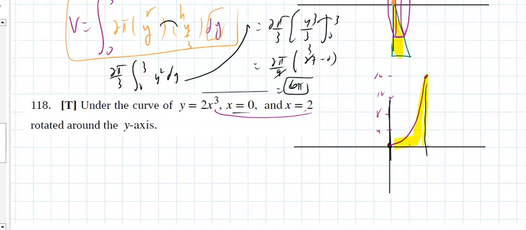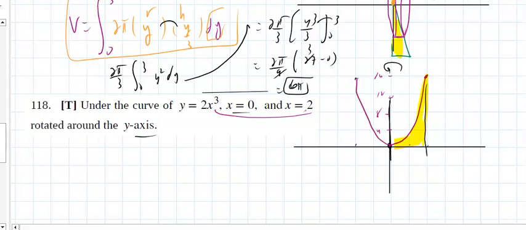Most of the time that's the case. That's the region that they're talking about. Now we're going to rotate this about the y-axis. If we rotate it about the y-axis, we're going to create an identical copy like it right there. And it's going to occupy that much as well.